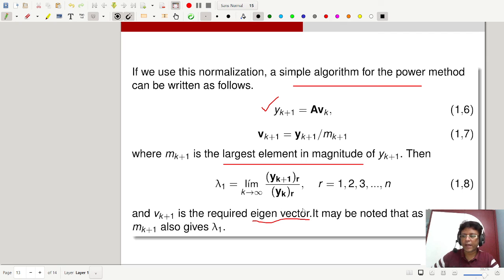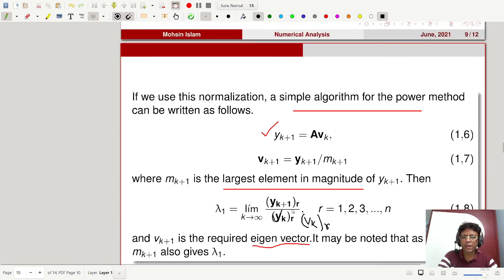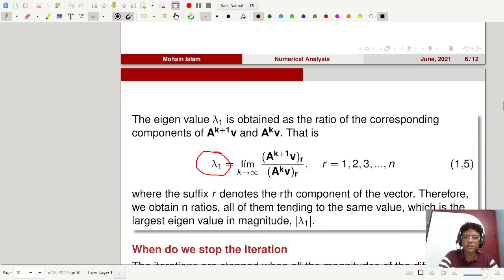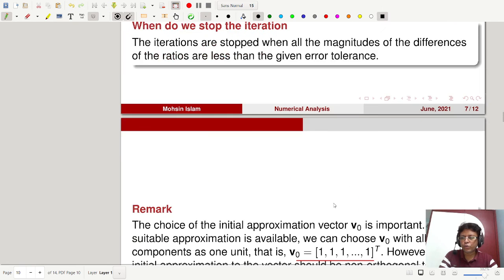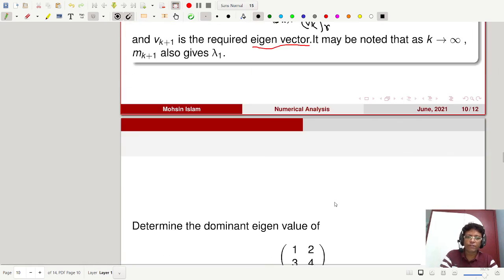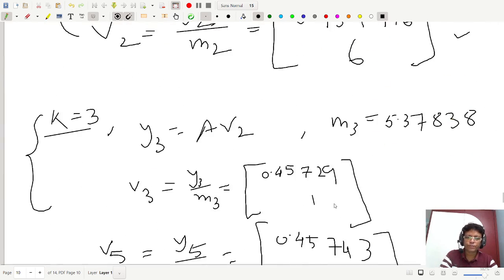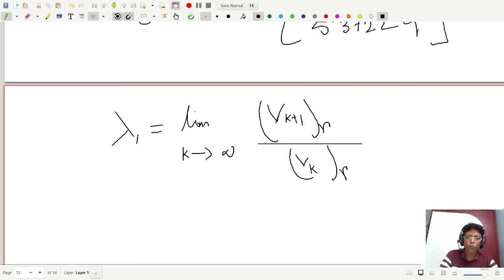This should be vk. Yeah, there is another typographical error. Your denominator should be vk r. So you have here also y(k plus 1) by vk.